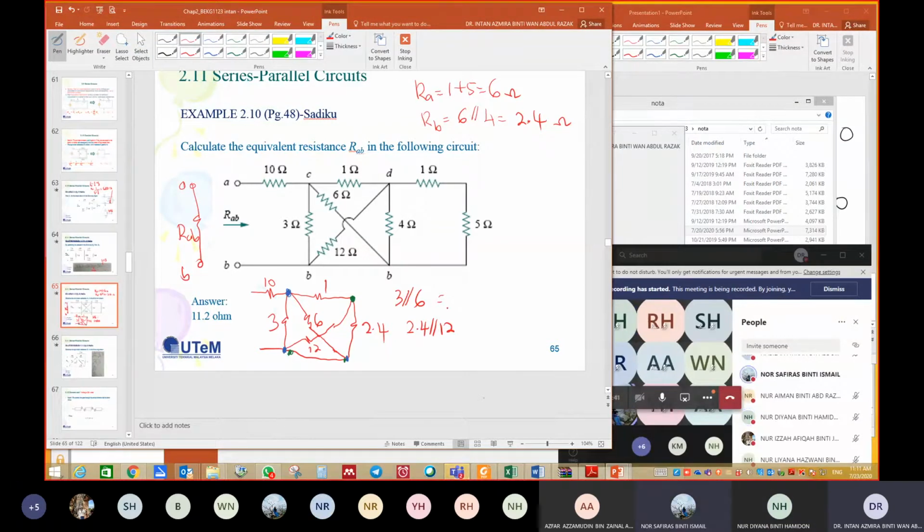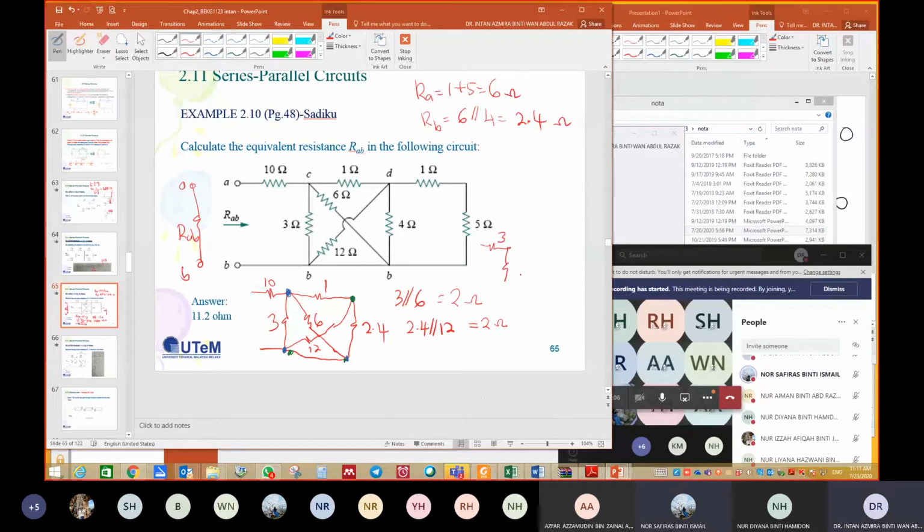Three parallel with 6, we get 2. Okay, 2.4 parallel with 12, we get 2 also.